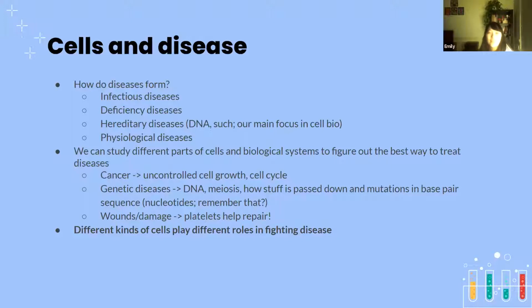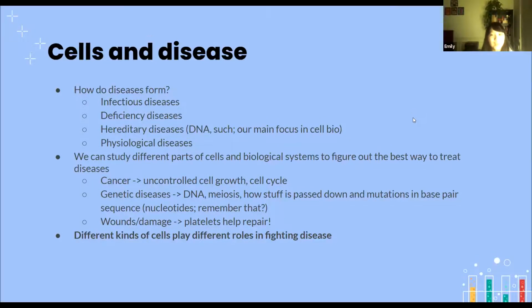Like if you broke a bone and that led to something, cancer, high blood pressure. Yes, exactly, those would be examples of physiological diseases, I think. Don't quote me on any of this, because the only thing I can tell you for sure is the hereditary disease one.